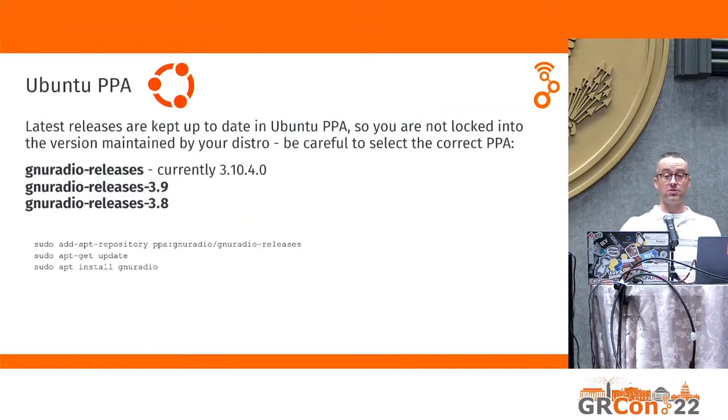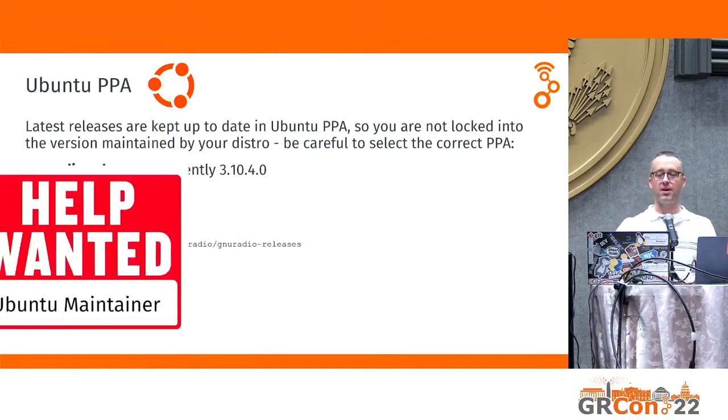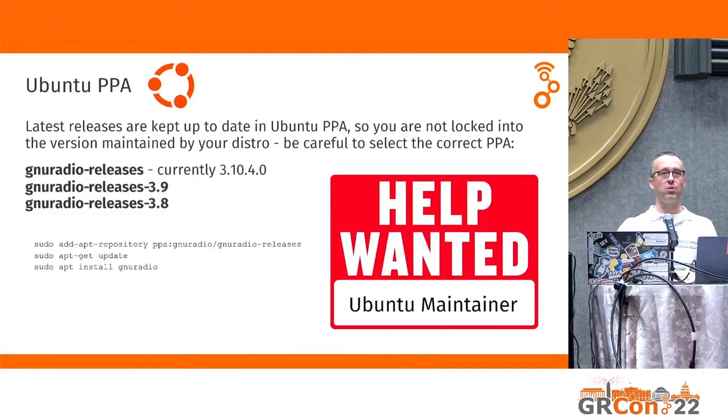For Ubuntu users, we also maintain a PPA, not as heavily maintained as it should be, but it's currently up to the latest release. And so if you add this repository, if you add the PPA, then you can install GNU Radio on Ubuntu 20 and Ubuntu 22, and you can get the actual latest version, not just what originally came with the distribution. But there is some help wanted here.